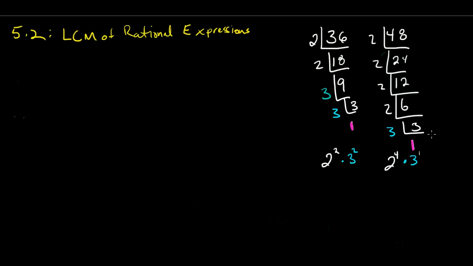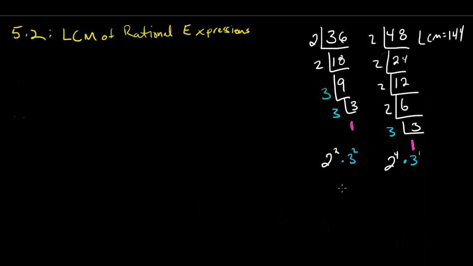So what we have to understand is that when we find the least common multiple, remember we said in the previous video that the LCM was 144. So how do we know that? How do we glean that information from the prime factors? The first thing we have to do is take each prime factor that occurs in all of the numbers.